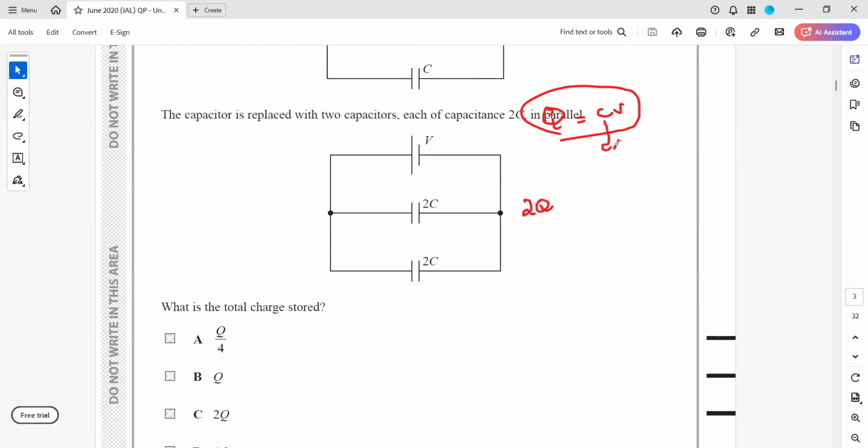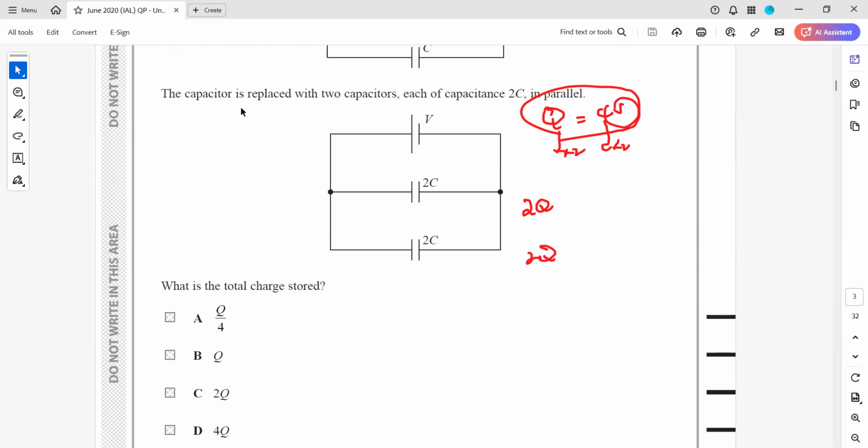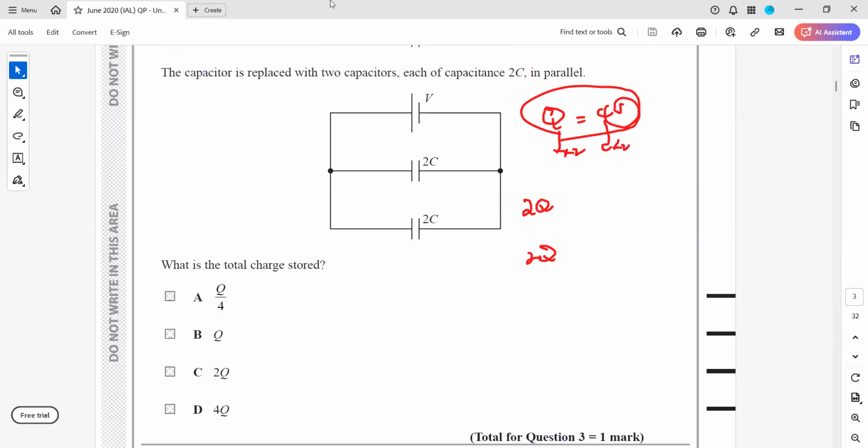Because if C is double, Q will also be double, V is constant. And this also will be 2Q. So each is storing 2Q and 2Q. We need the total charge stored, so the total charge stored will be 4Q, because 2Q here and 2Q here, the total will be 4Q.